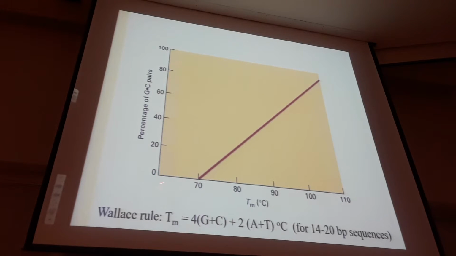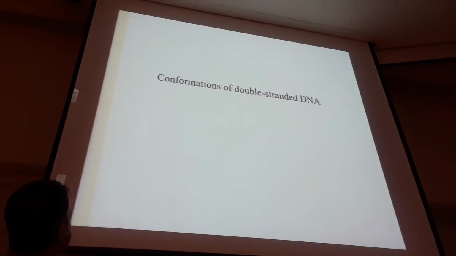And this is based on the fact that there is a pretty much linear relationship between the content or the percentage of GC base pairs that you have in the DNA and the melting temperature. So since we have 3 hydrogen bonds between G and C, the more we have of these, the more stable a structure we will form if we have more GC base pairs in a double-stranded molecule. Okay. So this relationship here is actually, interestingly enough, rather linear.